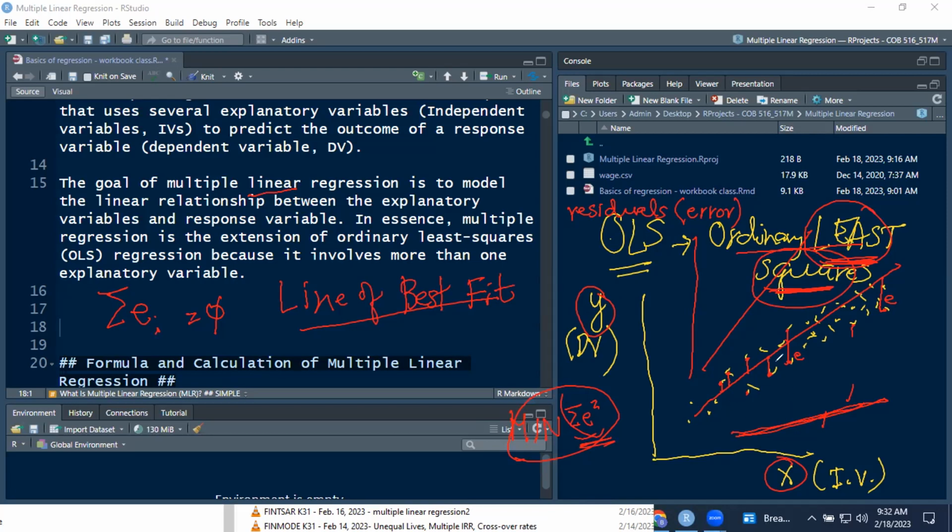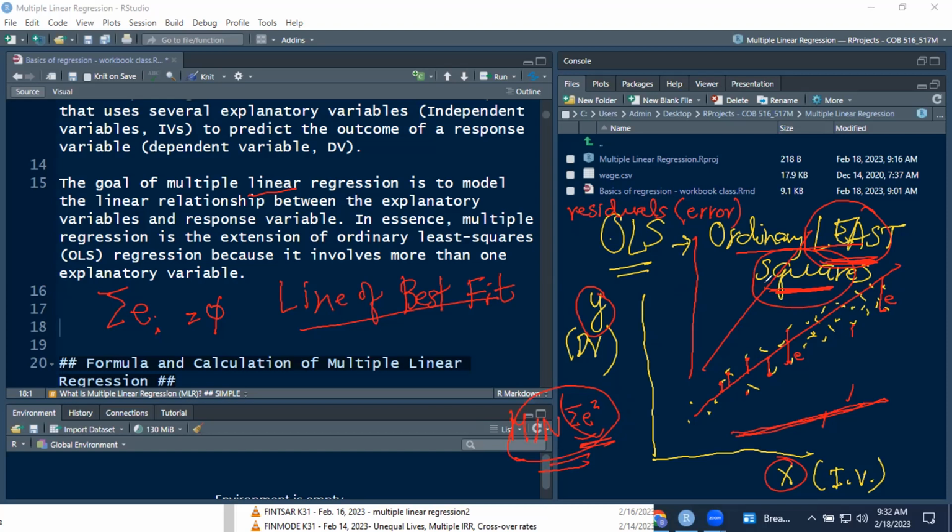And that line has a characteristic where if we plot the difference between the actual data points and this regression line, and then we get the squared of those error terms, it will be a minimum. When I say minimum, you cannot find any other line whose sum of the residuals squared is smaller than this line. Okay, so let me pause for a while.